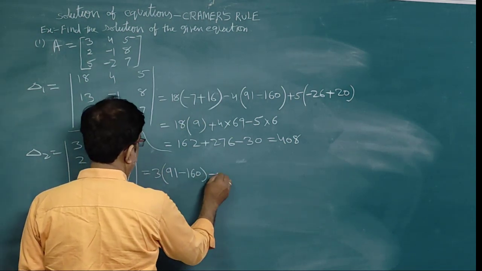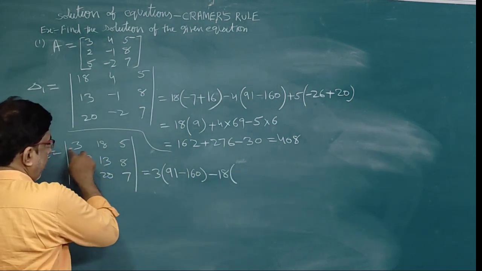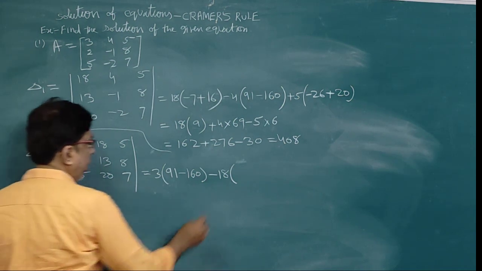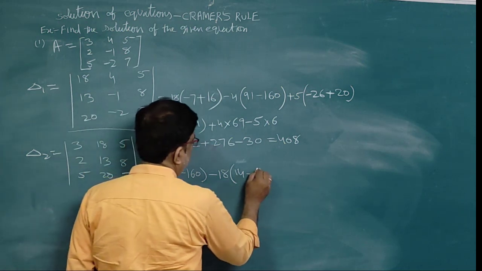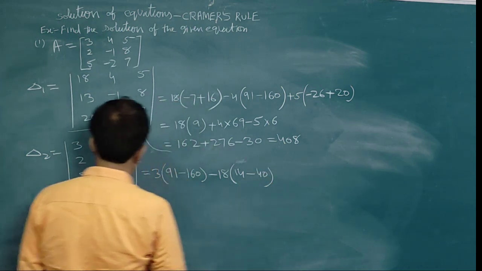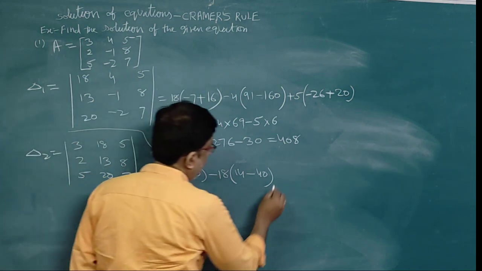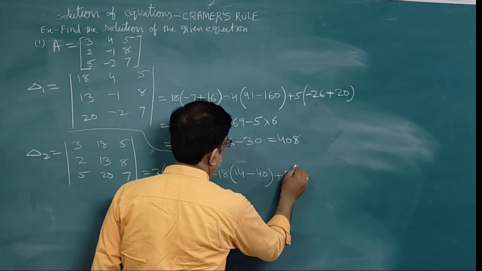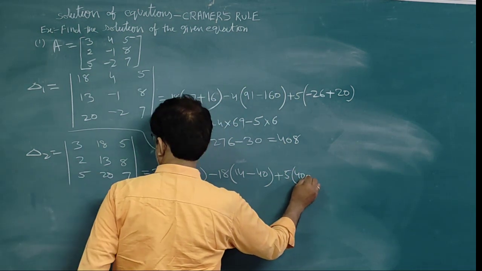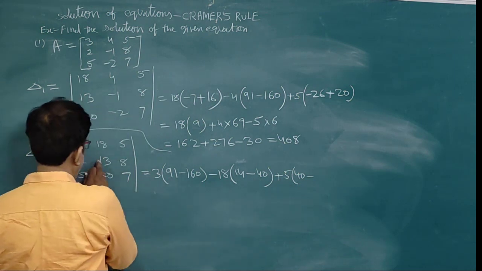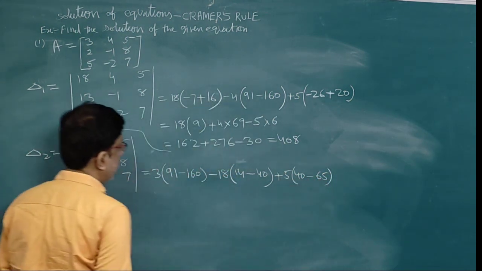160 minus 18 into (2 into 7 is 14 minus 8 into 5 is 40). Again, plus 5 into (2 into 20 is 40 minus 13 into 5 is 65).